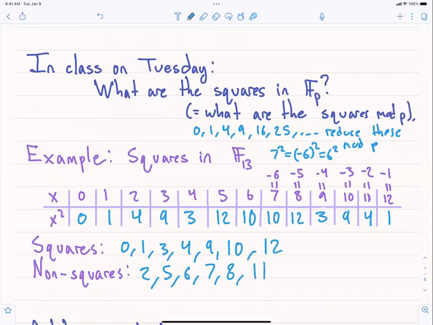A couple of things we talked about a little in class, but I want to highlight here: I only had to go up to 6 when making this table, because I knew everything else would give me the negative of things up to 6, and so I would get the same square. In general, you only go up to (p minus 1) over 2.